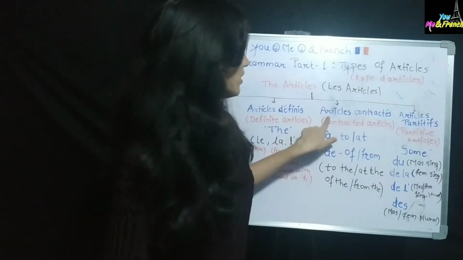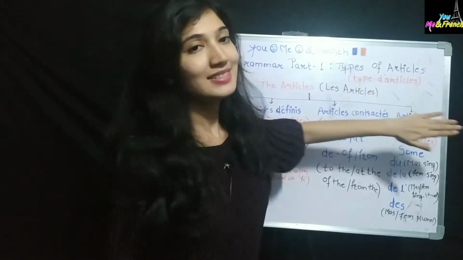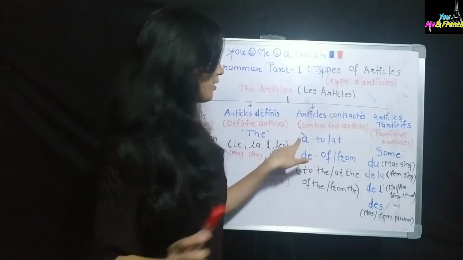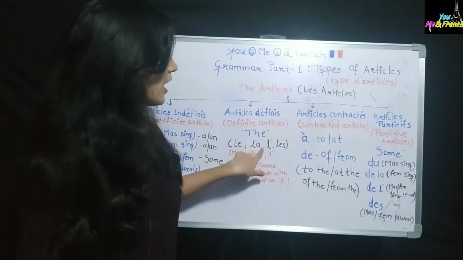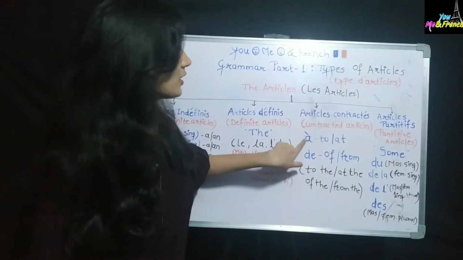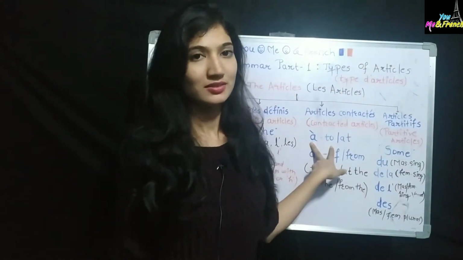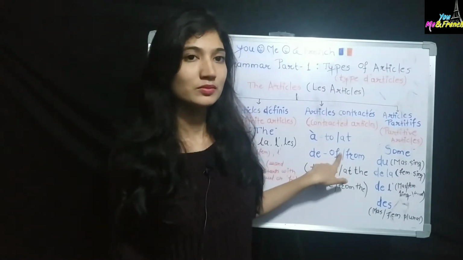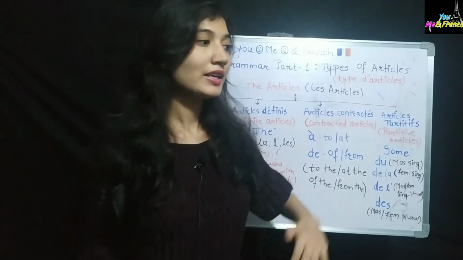That's it. Third one, article contracté means contracted articles. We have to contract à or de with le, la, l' and les. À means to or at, and de means of or from. I am going to, this is of, I am from.